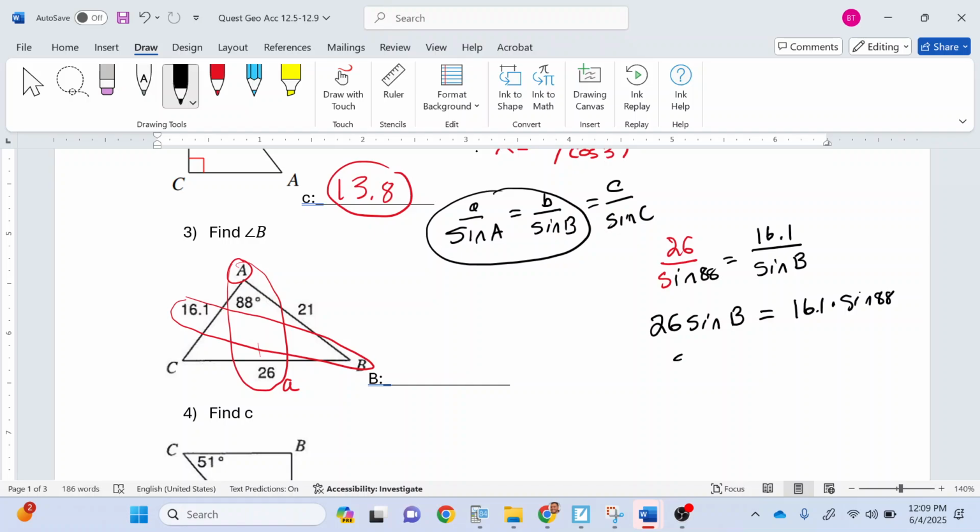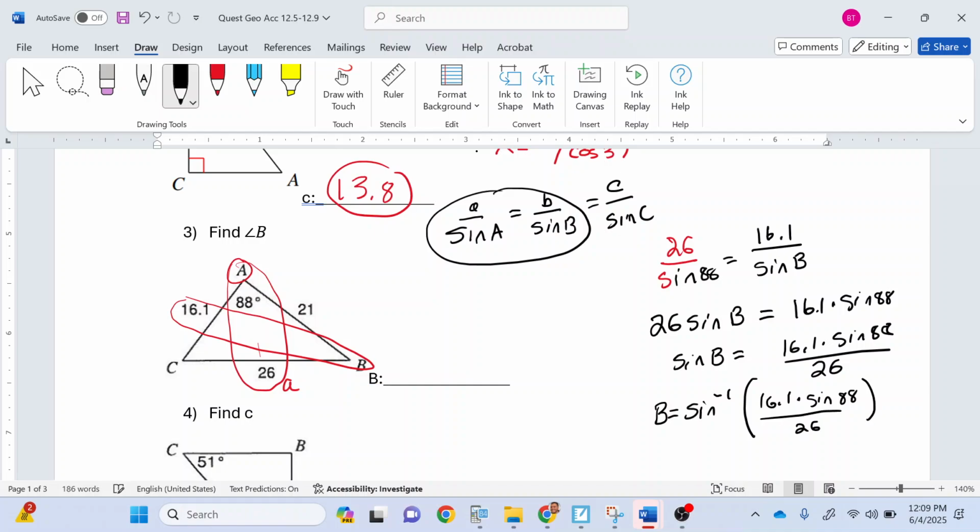A little division: sine B equals 16.1 times sine 88 divided by 26. And a little bit of inverse, because I've got to get B by itself: B equals sine negative 1 of 16.1 times sine 88 over 26.